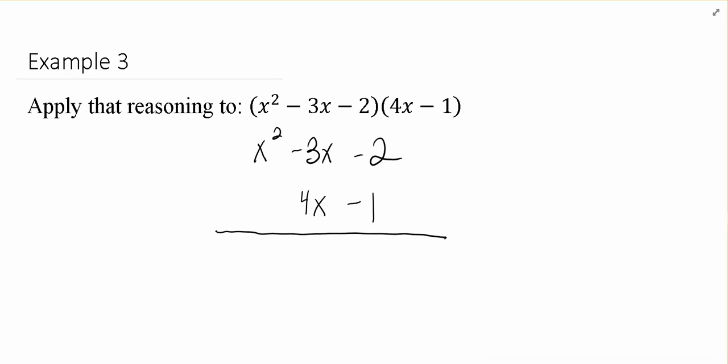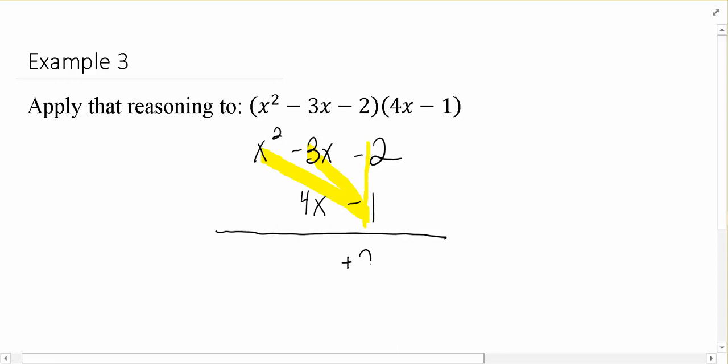The first bit of multiplication is to multiply this -1 to all 3 of them. So -1 times -2 is +2. -1 times -3x is +3x. And -1 times x squared is -x squared.